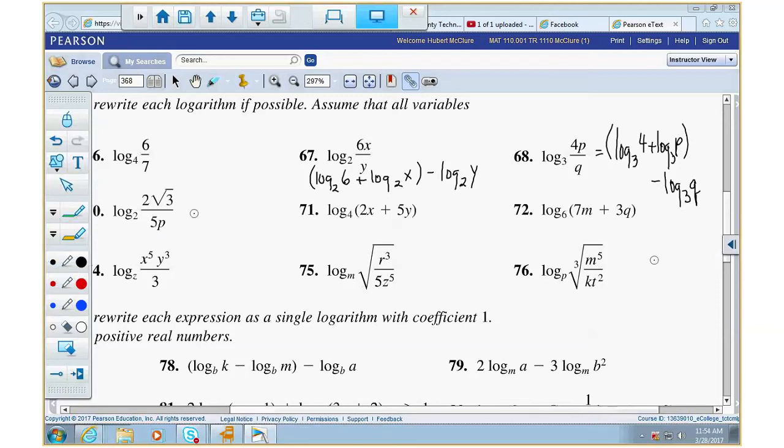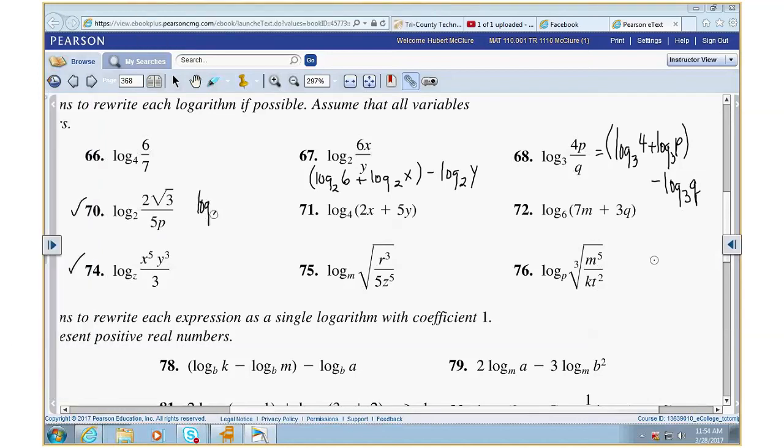All right, so I'm going to change this to log base 2 of 3 to the 1/2 over 5p. So just change it to 3 to the 1/2.